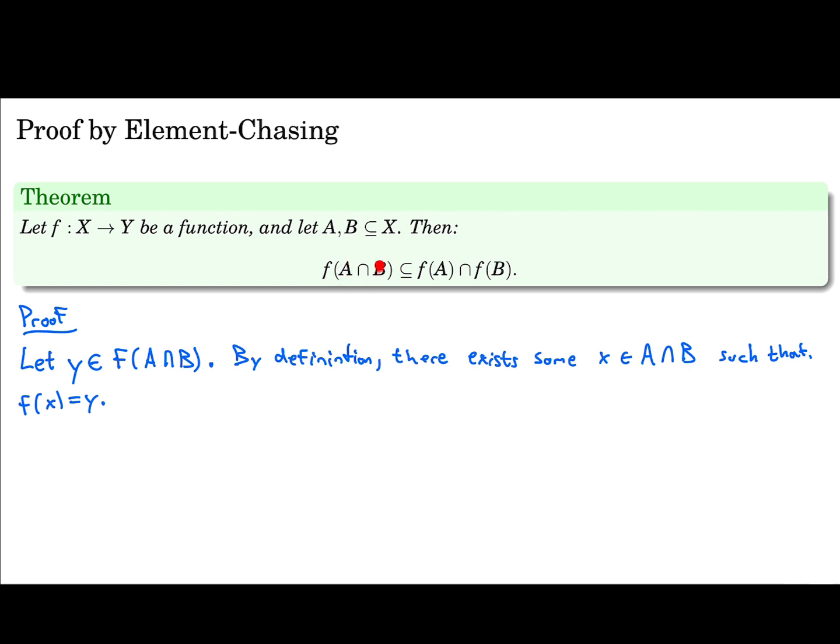So you start by taking an element y that is in the image of A intersection B. What does it mean that it's in the image? The definition of image is that the image of A intersection B is all the elements y in the codomain such that there exists an element in the domain that belongs to A intersection B. In other words, if y belongs to the image of A intersection B, then there has to be an x in A intersection B such that f of x is equal to y.